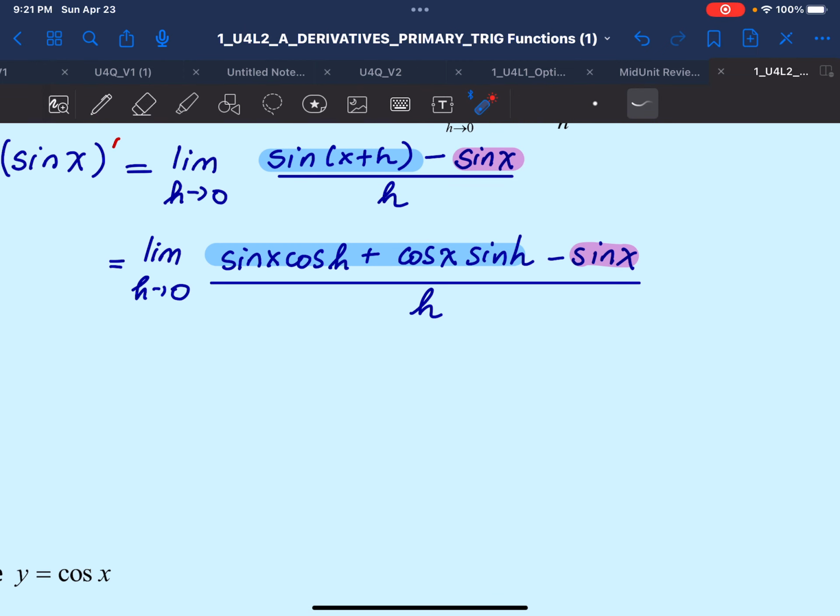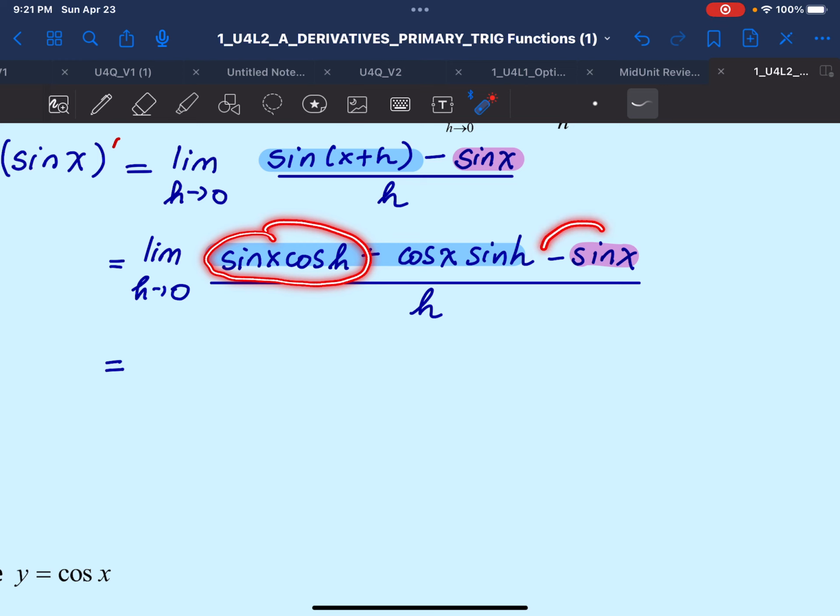So I noticed that the sine of h appears in this part of the equation. So what we're going to do next is think of grouping the terms so that sine of h can be simplified somehow. Remember that here we have three groups of terms, separated by a plus and a minus. And what we want to do is group terms that have something in common.